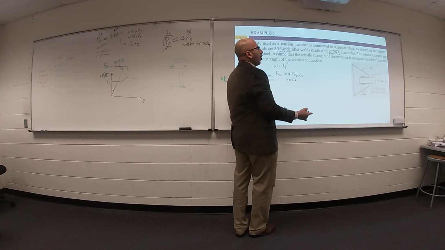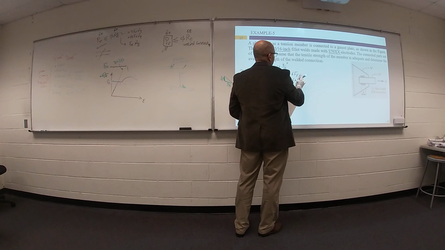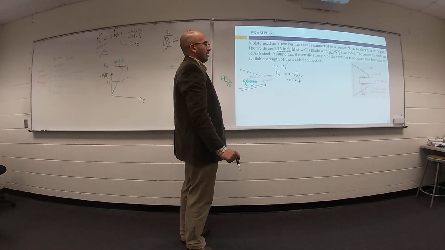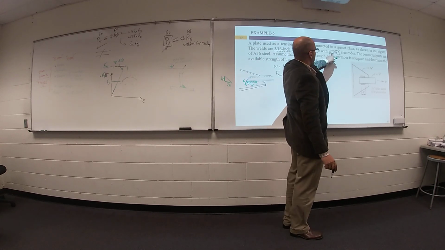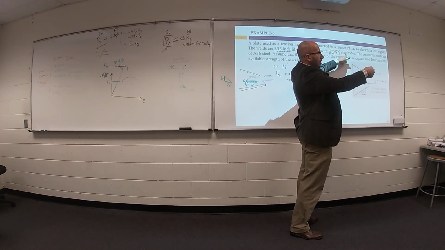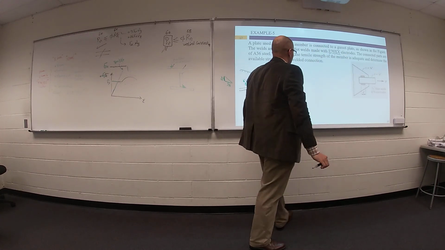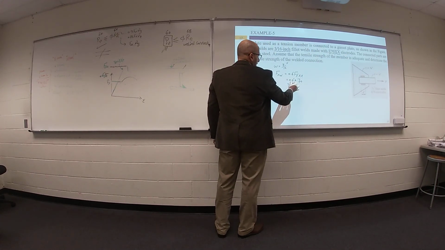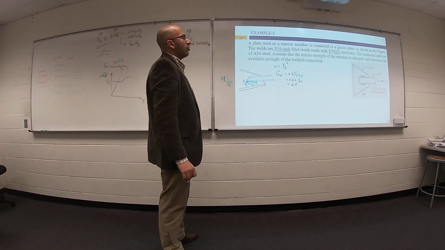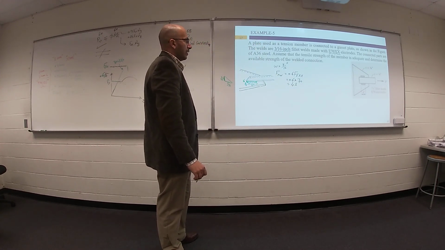For your electrode, FEXX equals 70, based on the manufacturer. It depends on the type of electrodes, the rod used in welding. Then I can tell you what is the value of FNW.